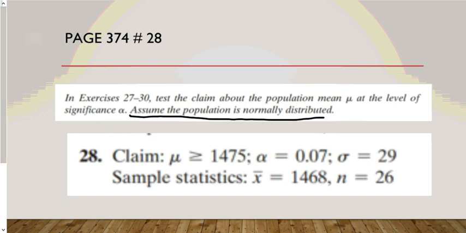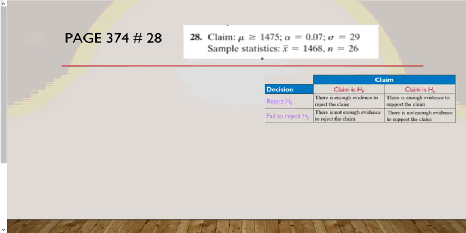Okay, so let's go ahead and start thinking about what we're going to do here. Our claim is that mu is greater than or equal to 1475. So our null hypothesis will be mu greater than or equal to 1475. And then our alternative is going to be the exact opposite of that, that mu is less than 1475.